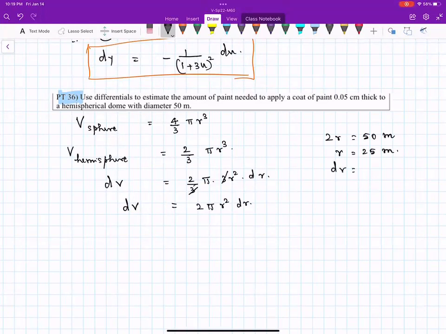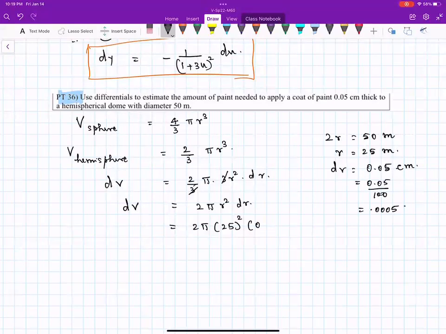And to apply a coat of paint 0.05 centimeter thick gives us 0.05 as our differential in r. We'll substitute all of that over here: 2 pi times 25 squared times dr. One thing about this 0.05 centimeter: if you convert that to meters, you divide by 100, so it becomes 0.0005.